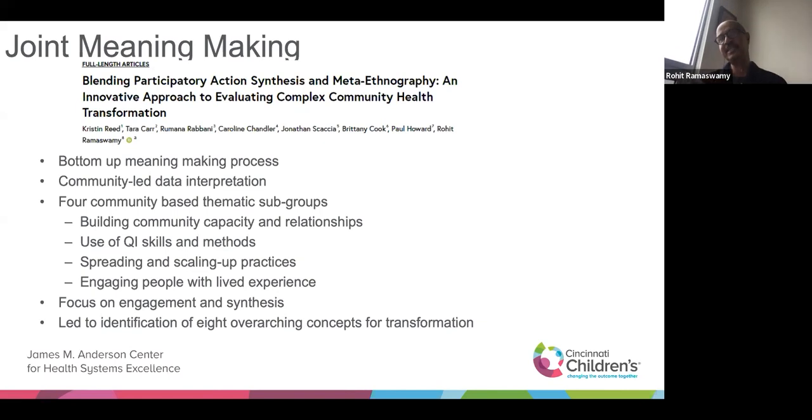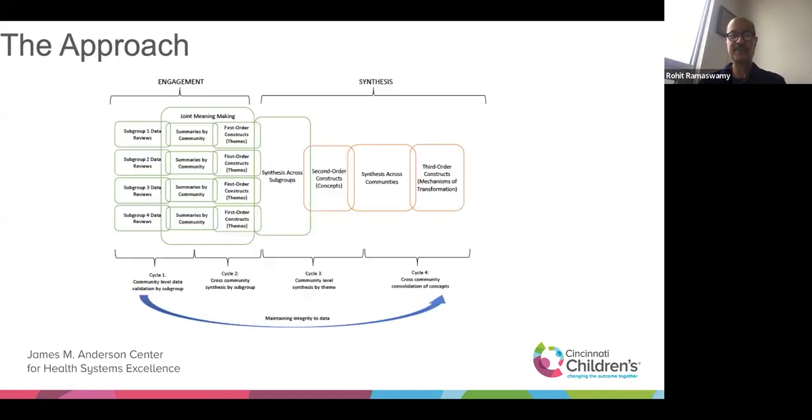And for each of these themes, we asked the community to say, tell us what happened along your journey, along each of these themes. And how do we then bring all of these things together to look at what was common in the transformation journey and what was separate? And could we come up with different pathways of change in partnership with these communities?